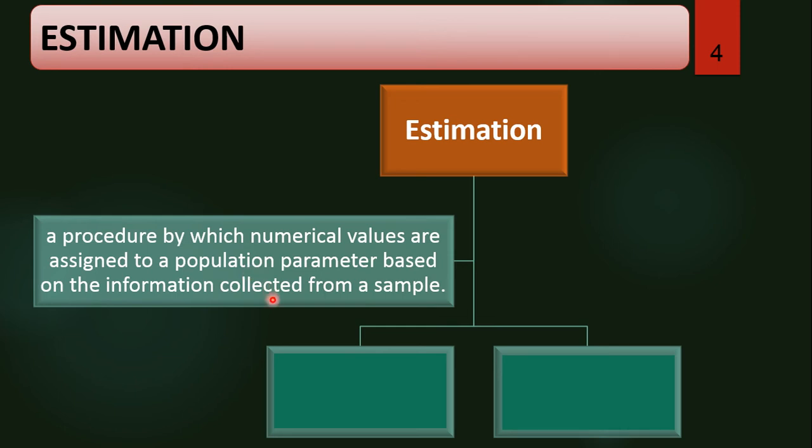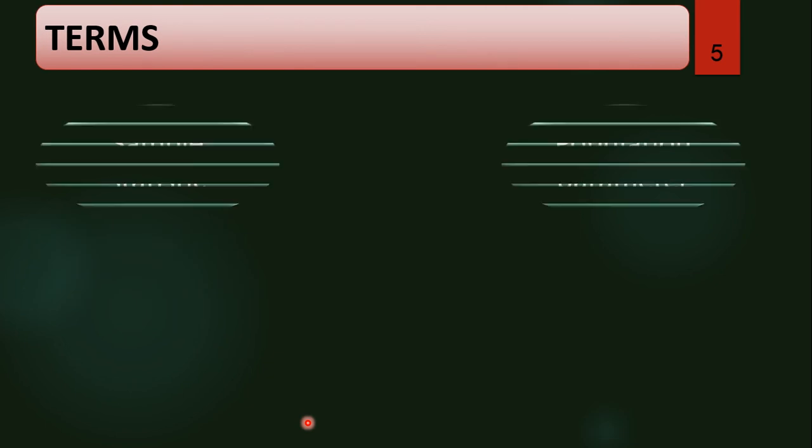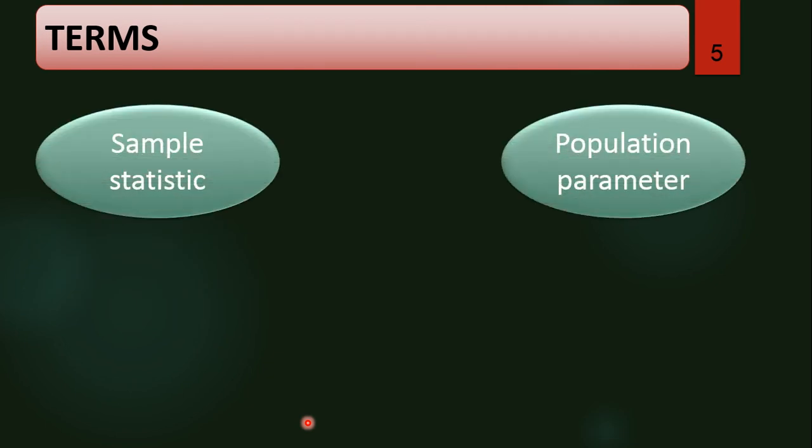For estimation, we have two types: the interval estimator or the point estimator. Point estimator and interval estimator come from the sample statistic.